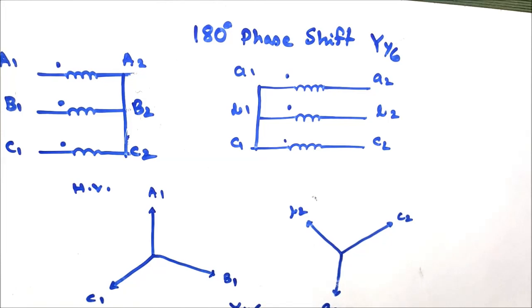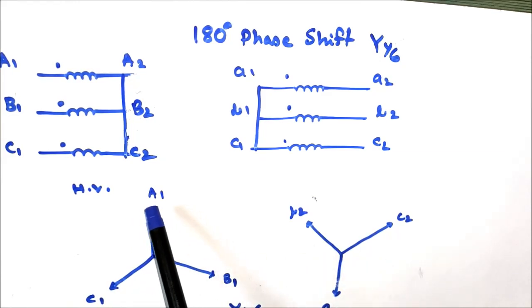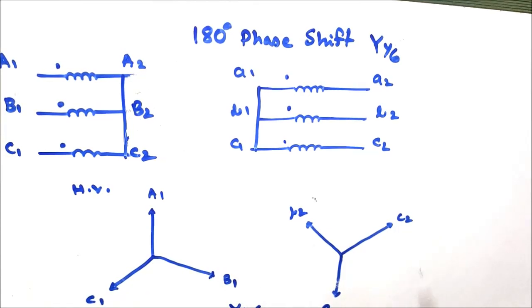So you can see the induced EMF in the LV side winding is 180 degree phase shifted from the induced EMF in the HV side winding. As there is a 180 degree phase shift, it is 6 o'clock. So the vector group is Yy6.